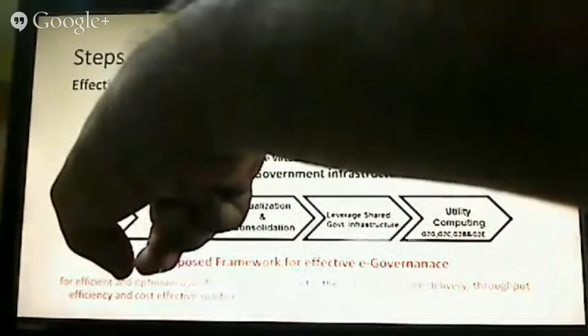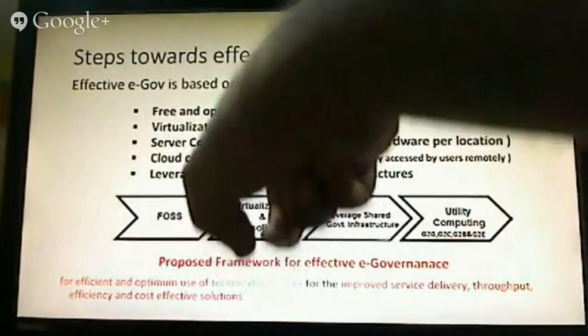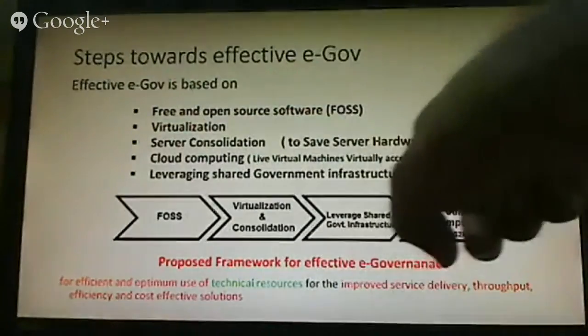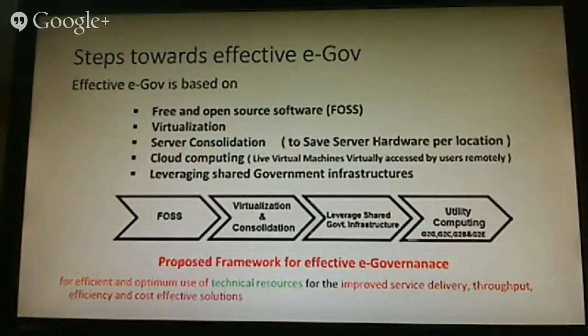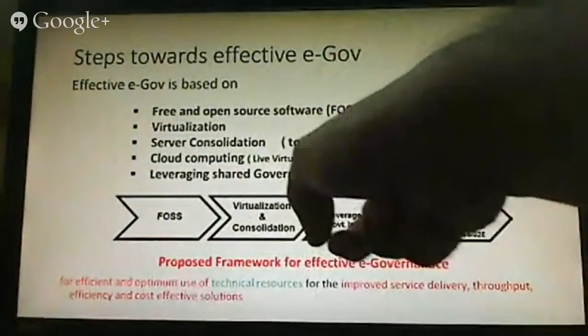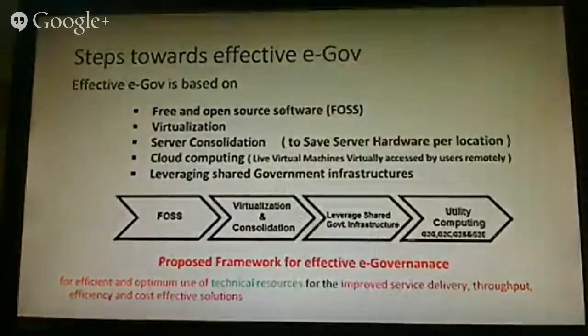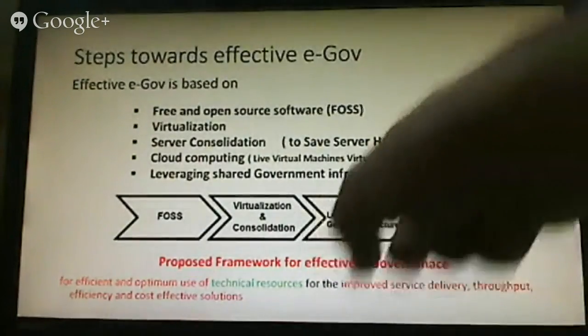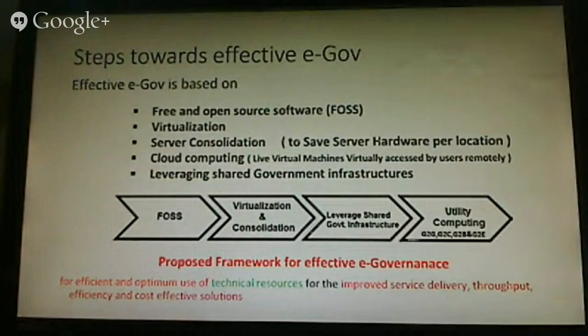It also involves cloud computing, which is live virtual machines virtually accessed by users remotely, leveraging the shared government network, that is NICNet, to produce utility computing between government, citizens, business and employees.